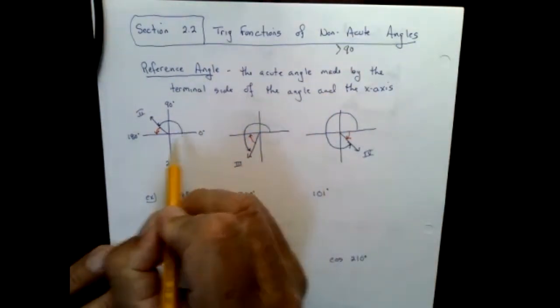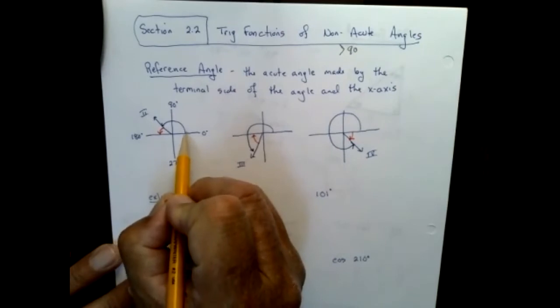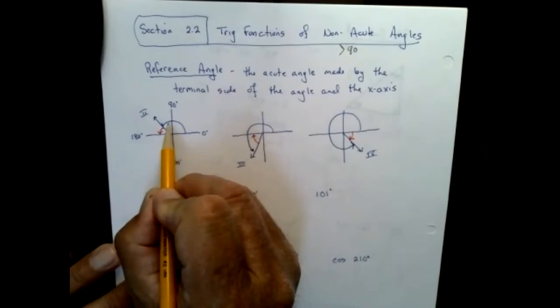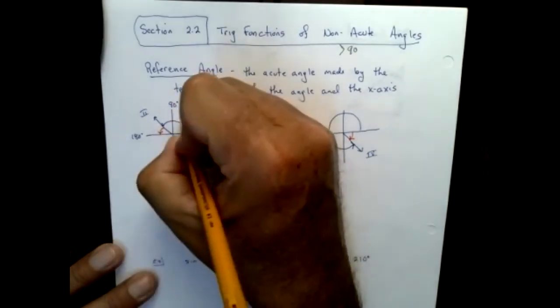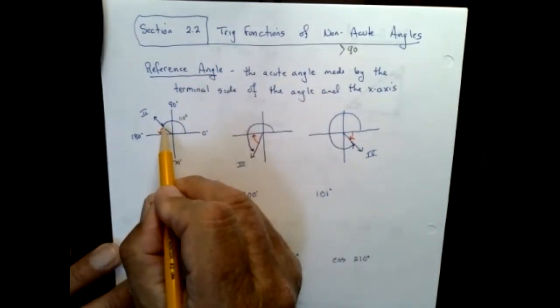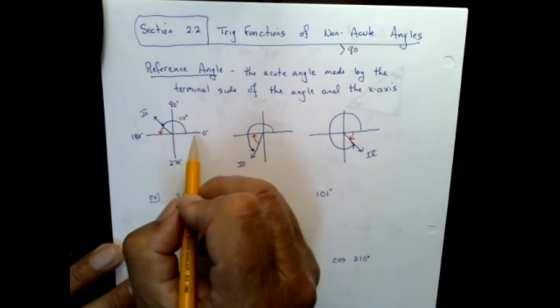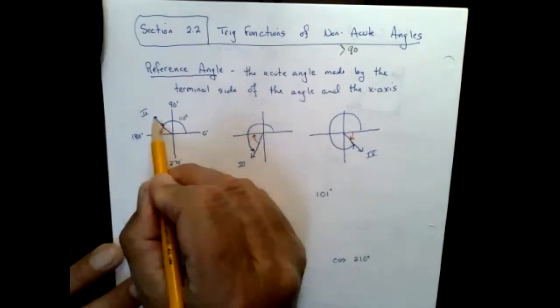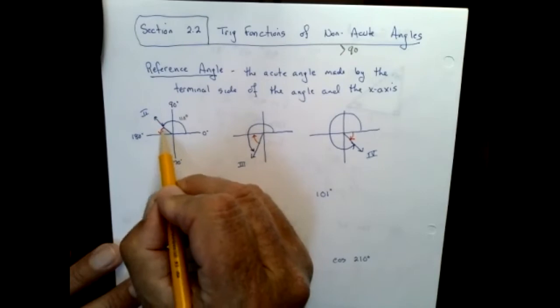So if I start making an angle and I know it's going to be 110 degrees, for example, I know it's just past 90, but not down to 180. So I would go 110 degrees and stop. That's my terminal side.